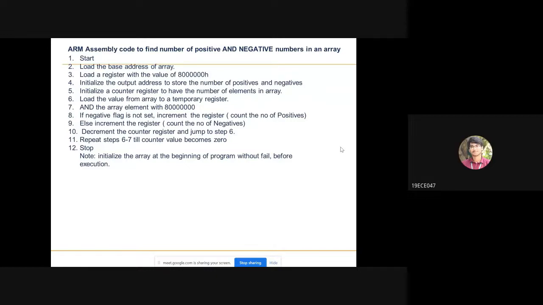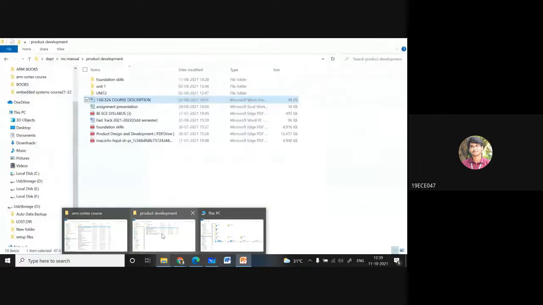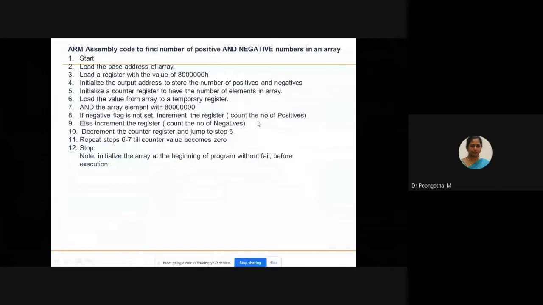We can check the negative flag, ma'am. How can you check the negative flag?